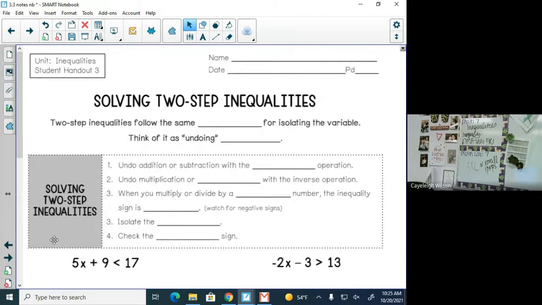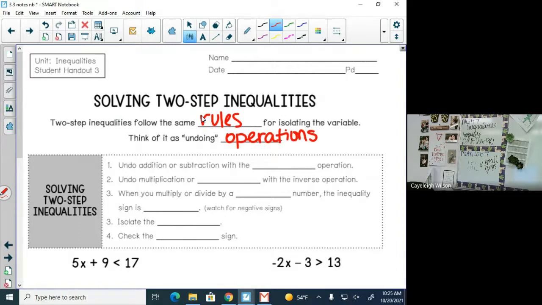So 2-step inequalities follow the same rules for isolating the variable. Think of it as undoing operations. They follow the same rules as equations.